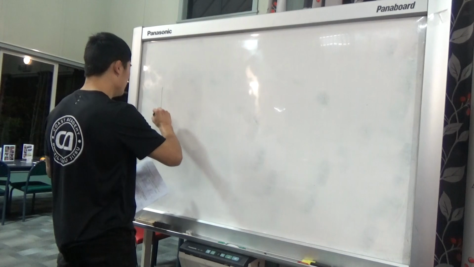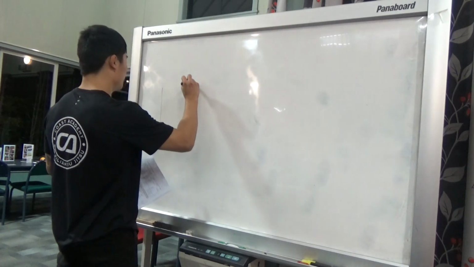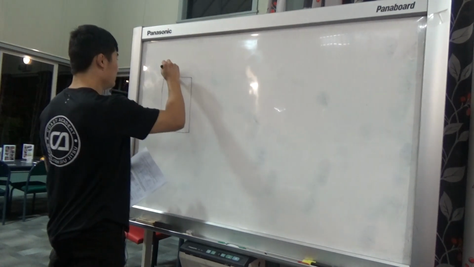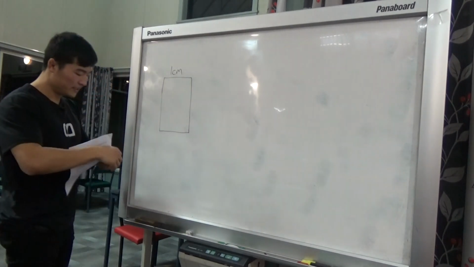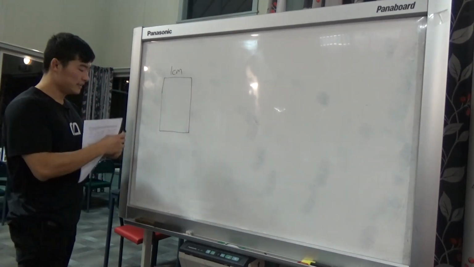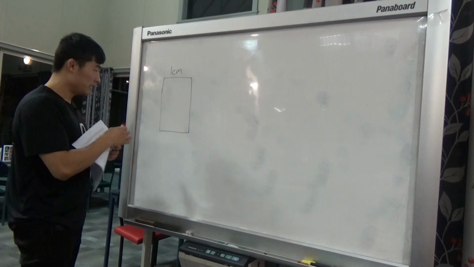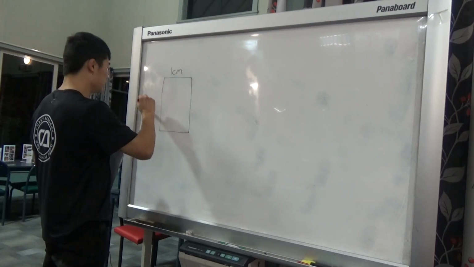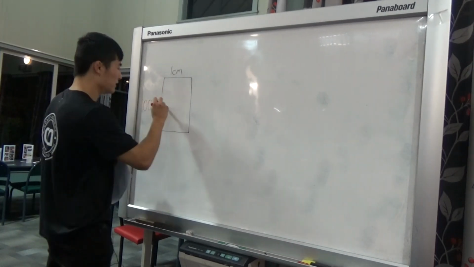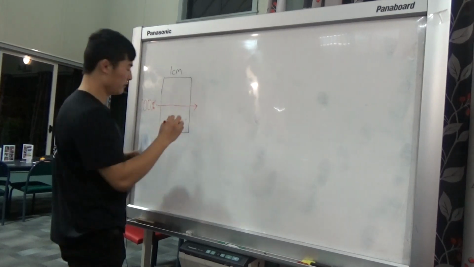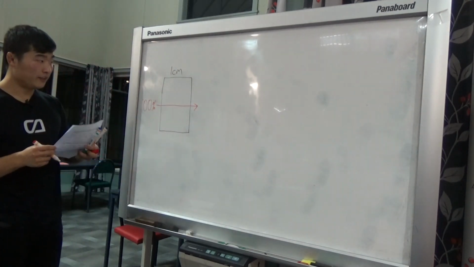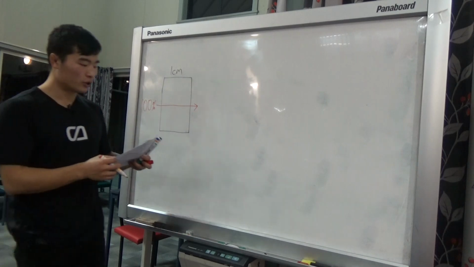So this time we have our first layer, which is 1 centimeter, and let's say we have 100% starting off, and once it goes through this layer, 25% has been absorbed.